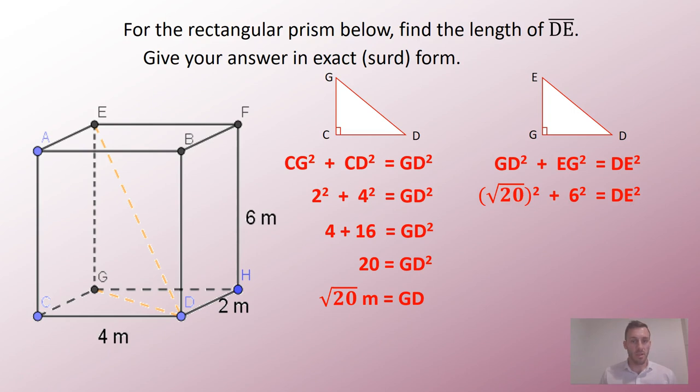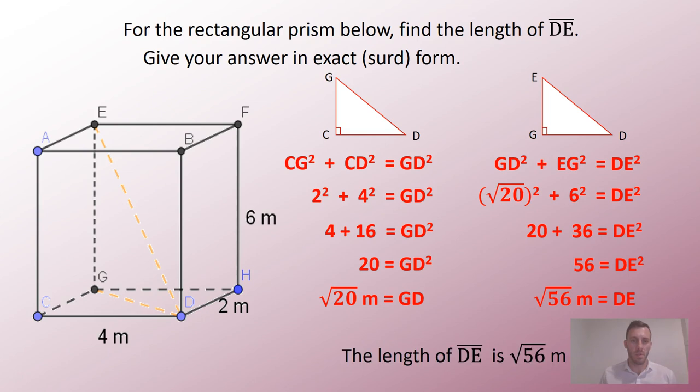And this time we sub in the solution from the previous triangle, so we get the square root of 20 squared plus 6 squared equals DE squared, and that simplifies to 20 plus 36 equals DE squared, and then we get 56 equals DE squared, and DE equals the square root of 56 meters. Now, with worded problems, we write our answer in sentence form. We write: the length of DE is the square root of 56 meters.